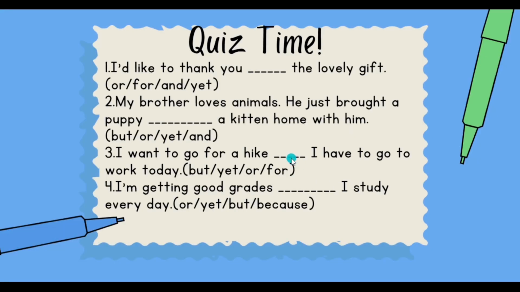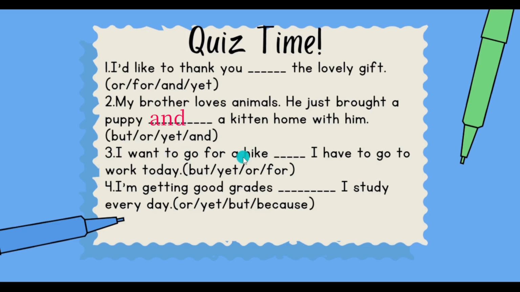So now you have a quiz time. I would like to thank you, blank, the lovely gift. Answer is yes, for. My brother loves animals. He just brought a puppy, blank, a kitten home with him. Answer is and.